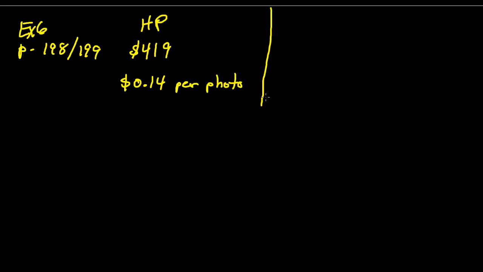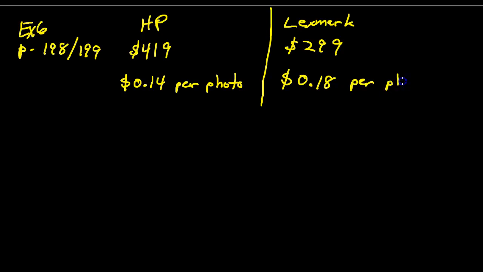The Lexmark printer costs $299, and the cost for ink and paper is 18 cents per photo. Let me write that down. We've got the Lexmark printer. It's a cheaper investment to start with, but it costs more per photo to produce. Instead of 14 cents here, it's 18 cents, or $0.18 per photo.